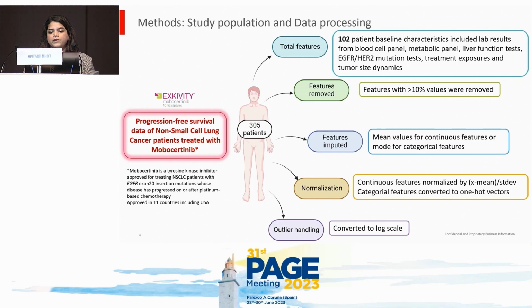We imputed the features that had missing values. For continuous, we used mean values. For categorical, we used mode values. We normalized the data. For continuous, we used x minus mean by standard deviation. For categorical, we used one-hot encoding vectors. And we handled outliers by converting them to log scale.